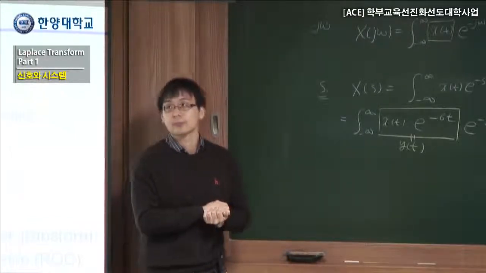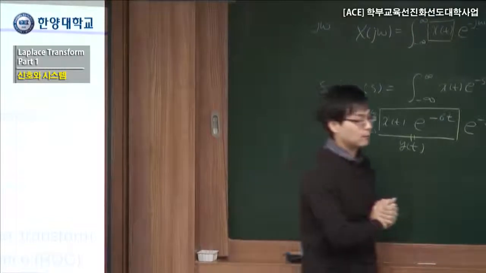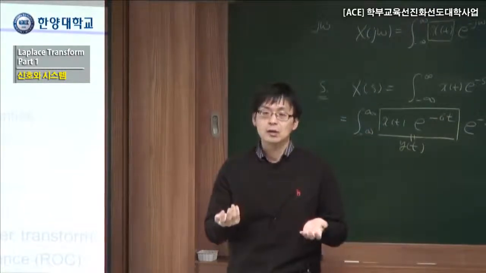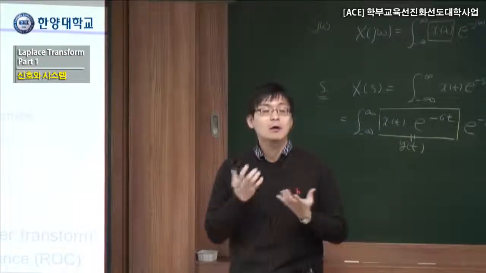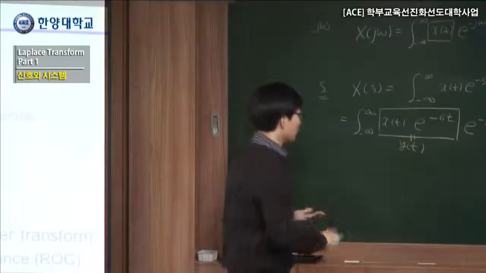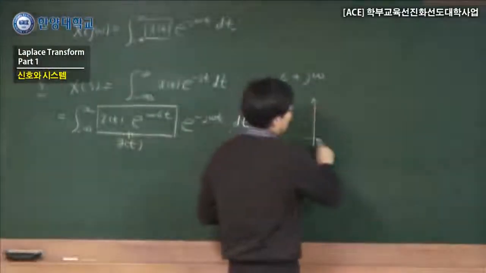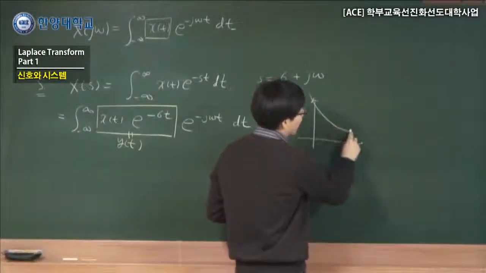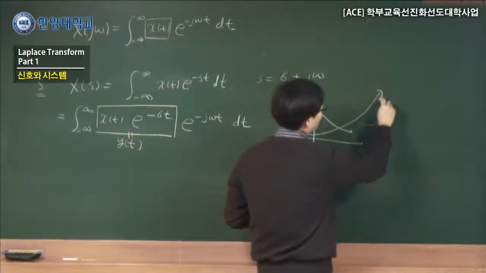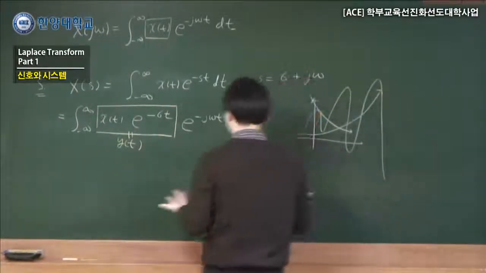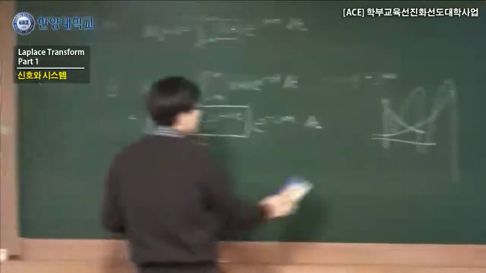However, if you remember the Fourier transform, we briefly introduced convergence issues. The convergence issue is that when the function does not go to a certain value but typically goes up or diverges, then we cannot have the Fourier transform.